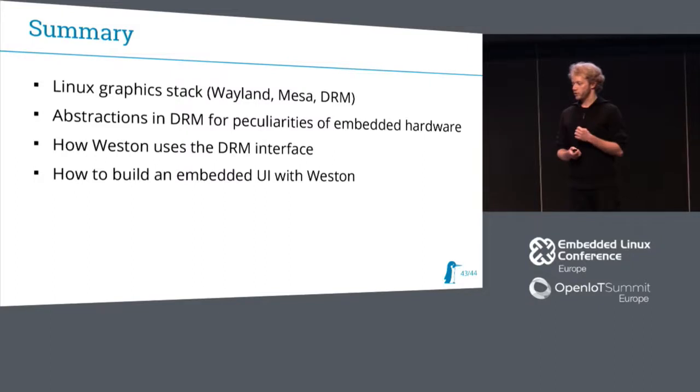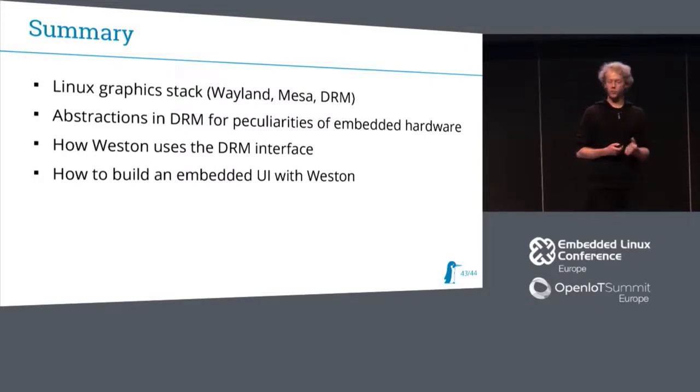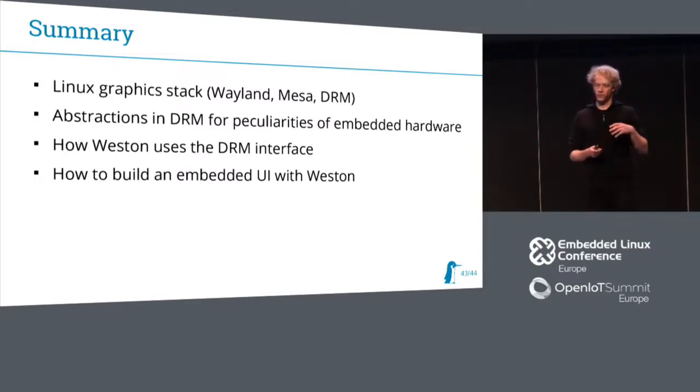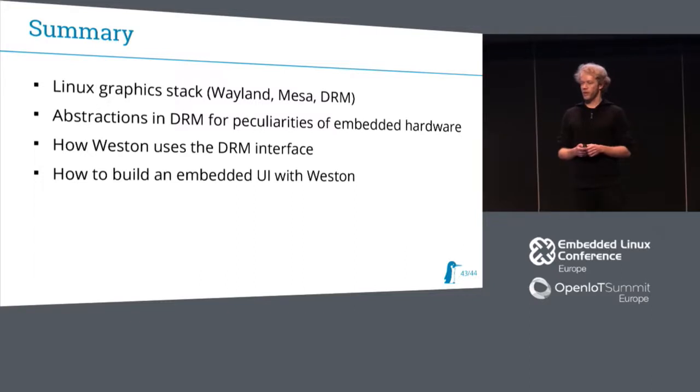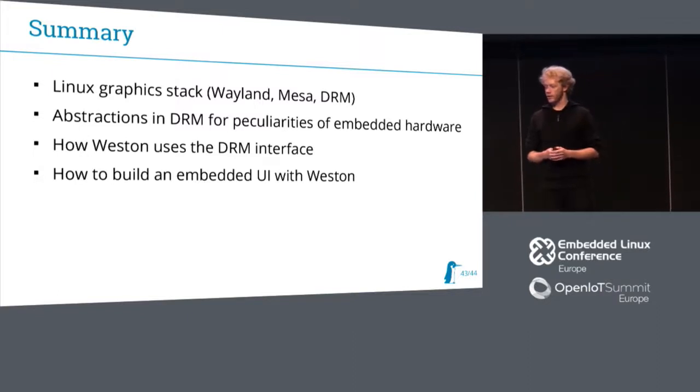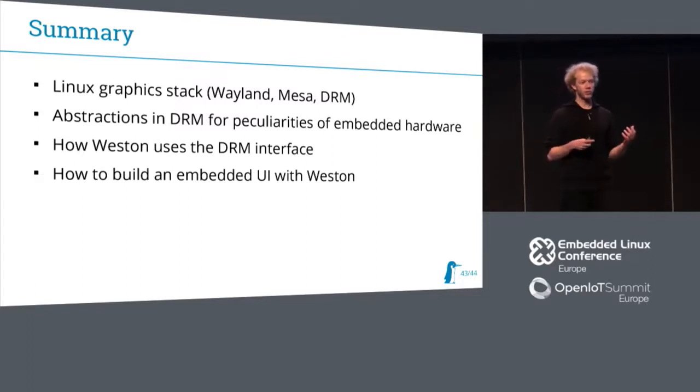Then I especially looked at the abstraction that DRM provides for the peculiarities of the embedded hardware and how it can be efficiently used. Then how Weston uses these DRM features and where you can find it in the Weston code. And finally, how to build an embedded UI with Weston, building your own shell or using the IVI shell.